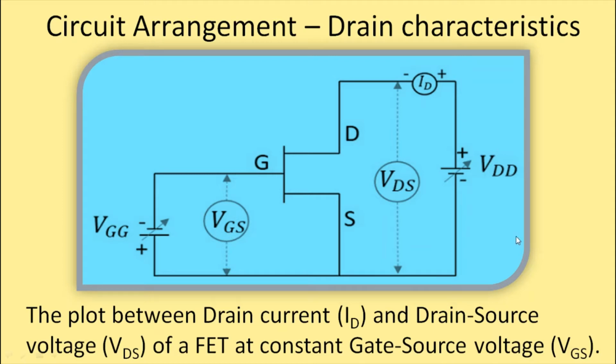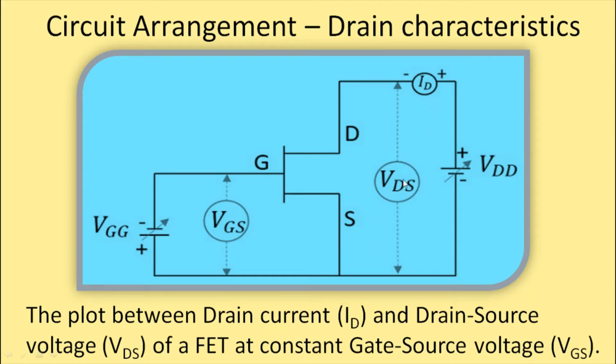Now what I do is, I come this side, I vary VDD. And why I vary VDD is to set VDS. So say for example, in the first trial, I will set it somewhere at 0.5 volts. To set this VDS to 0.5 volts, I have to vary VDD. And then for that value of VDS, I note down the corresponding ID, that is the drain current value.